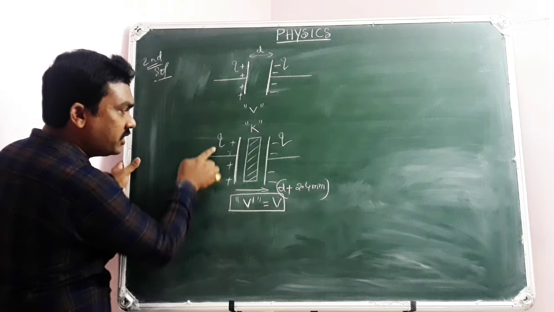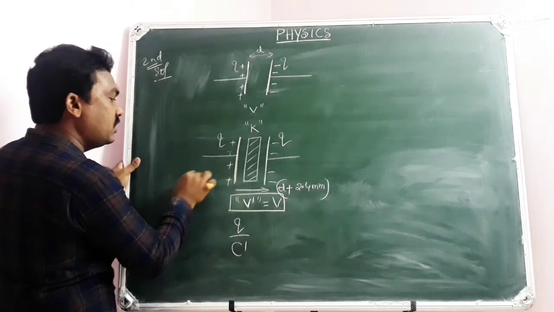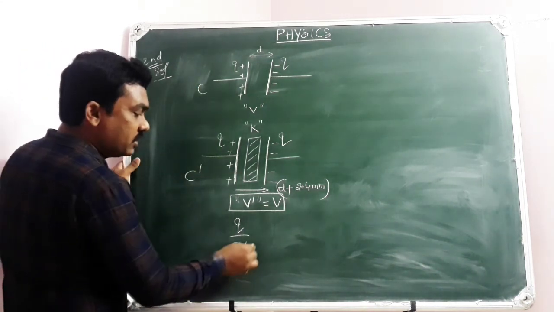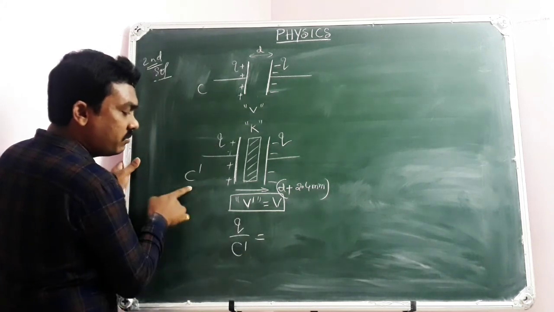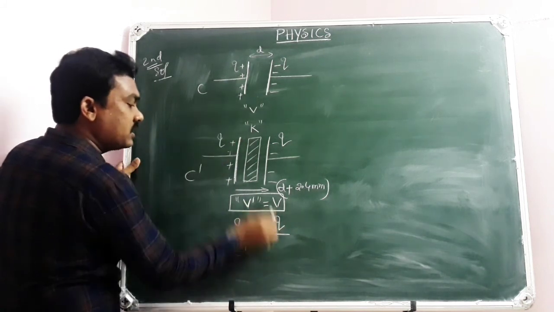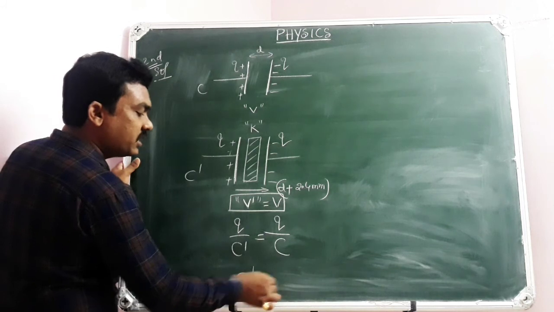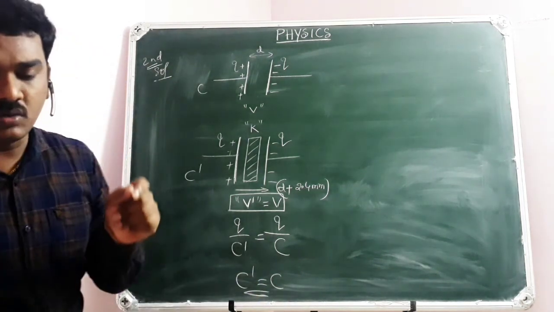So I can write V dash means Q by C dash, because capacity C becomes C dash as the dielectric material is placed, is equal to, here charge is same but capacity changes, is equal to Q by C. So Q gets cancelled, means C dash equal to C.